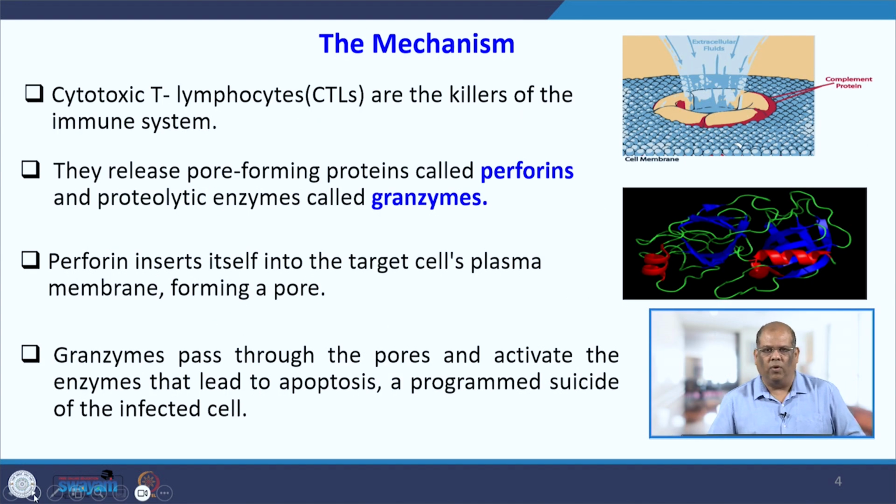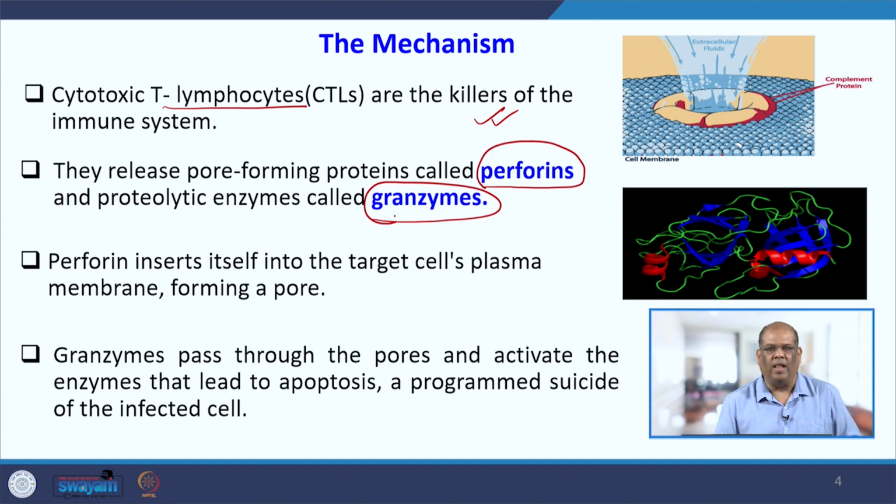So, the mechanism goes like this: you have these cytotoxic T lymphocytes or TC cells, they are the killer cells of the immune system. They release a protein called perforin and some enzymes called granzymes. What is the work of perforin?